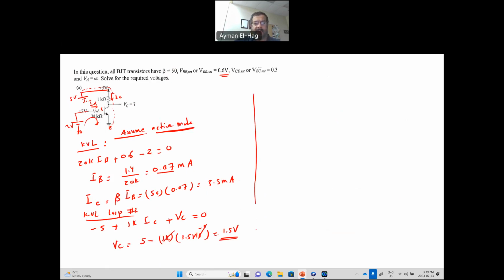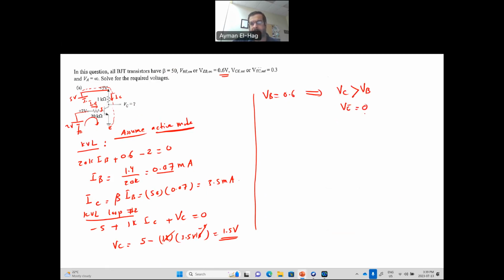What is my VB? My VB is the voltage between this point and the ground, so my VB is equal to 0.6. As a matter of fact, my VC is greater than my VB. And my VE is equal to 0, the voltage between here and the ground.